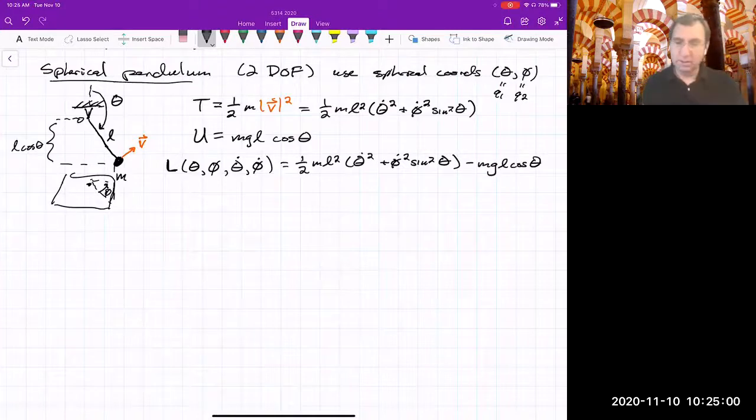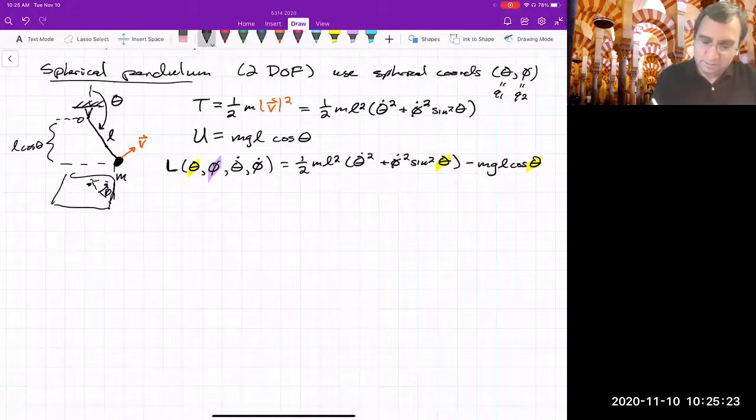Okay, so there it is. We do have dependence on theta, but what about phi? There's dependence on theta dot and phi dot, but no dependence on phi.